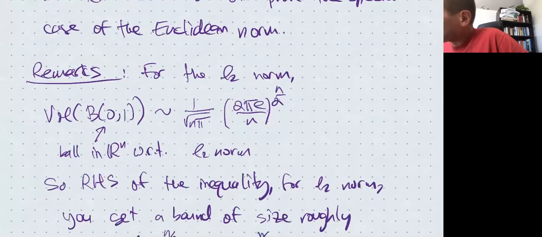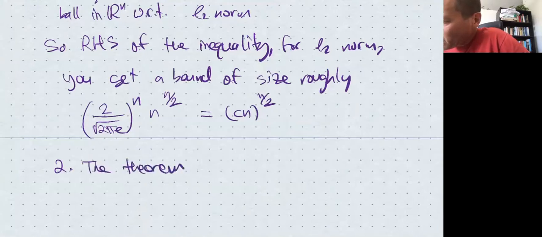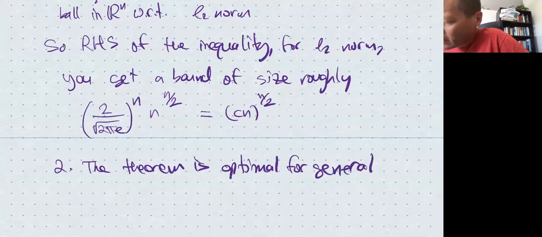I'll just end with 2 more remarks. So 2, the theorem is optimal for general bodies, for general norms.